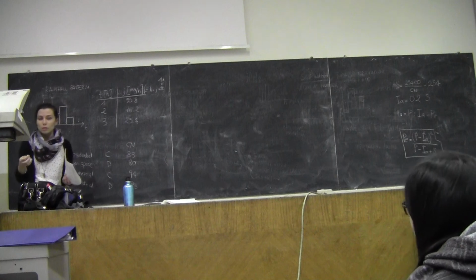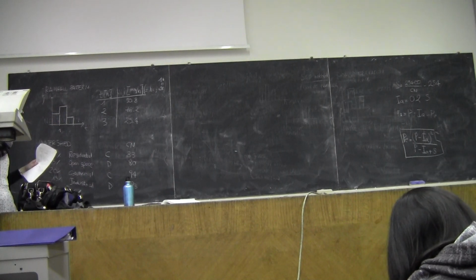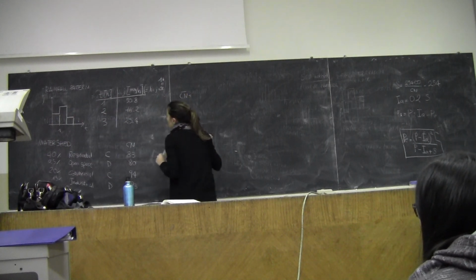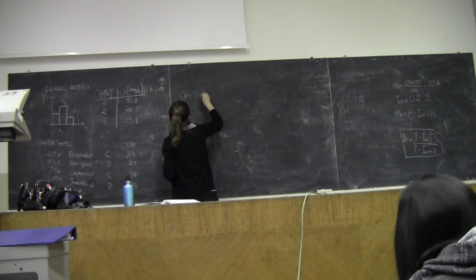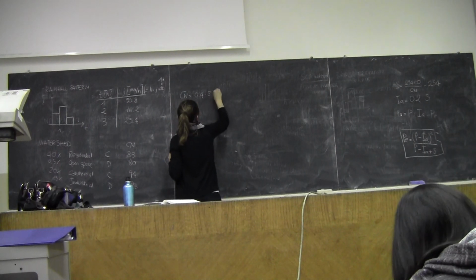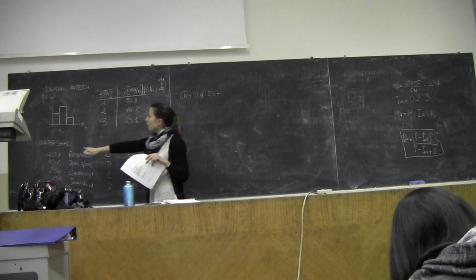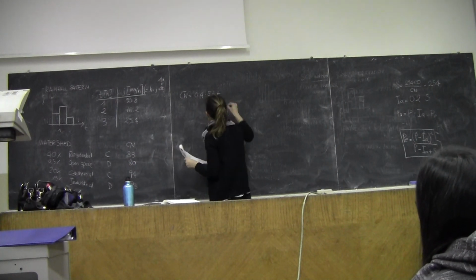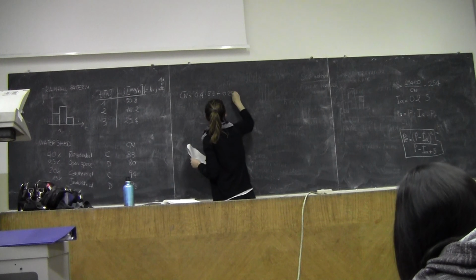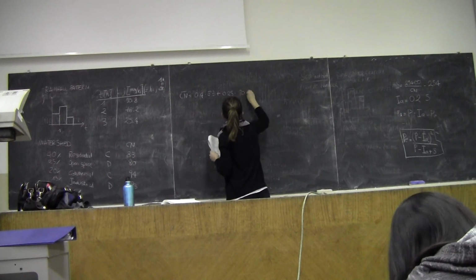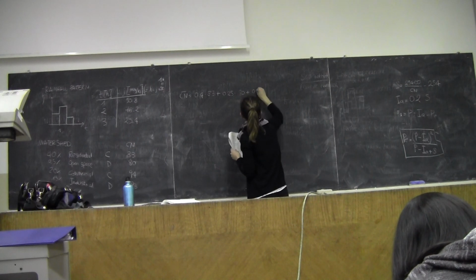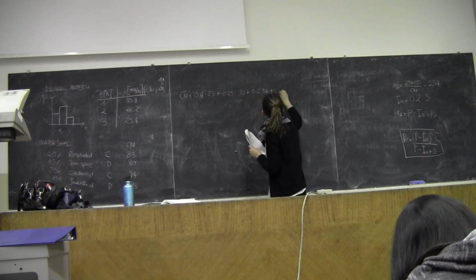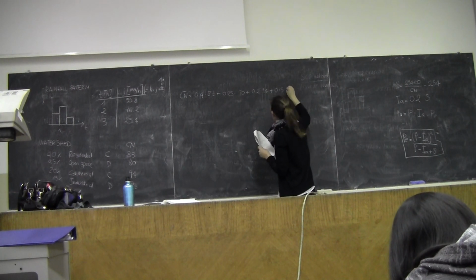So we need to know the average curve number within our watershed. Our average curve number is basically 0.4 times 83 plus 0.25 times 80 plus 0.2 times 94 plus 0.15 times 93.